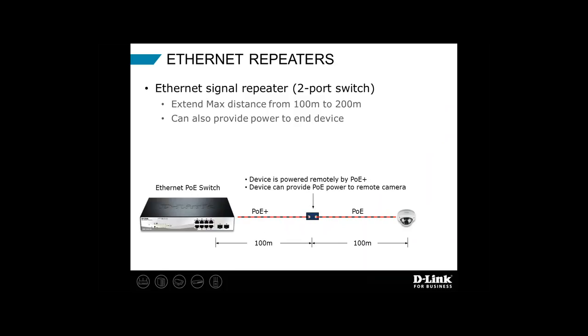I'm showing here on this slide an Ethernet repeater. Remember that with 802.3 we can go 100 meters over a LAN cable. There are some companies that make these little devices that can be powered by PoE, and they can terminate and regenerate that Ethernet signal. In essence, these are little two-port Ethernet switches, and they're powered by PoE.